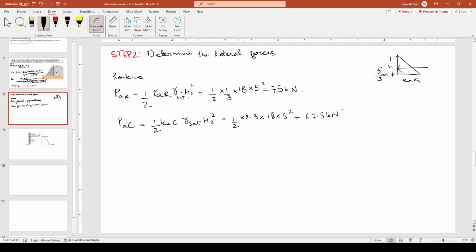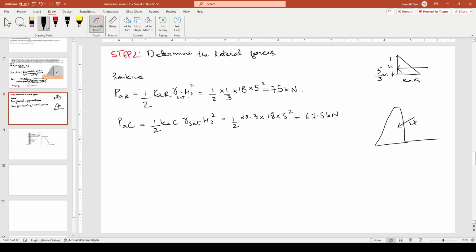So this will have a horizontal component and this will have a vertical component. This will be PACV, PACH. So PACV equals PAC sine delta, PACH equals PAC cos delta.